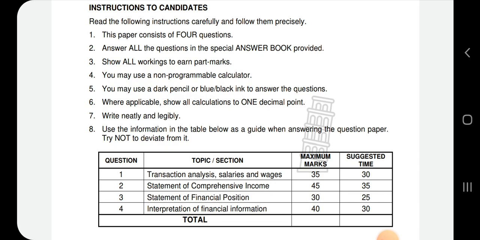It's very important. An exam tip that I will give you is that when you are calculating something, like in your income statement, show some calculations. Don't just write your final answer. Show calculations, because sometimes your answer might be wrong, but the steps you took to get that answer are correct, and your teacher can give you marks for that.